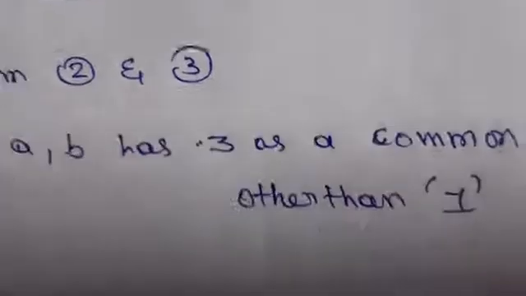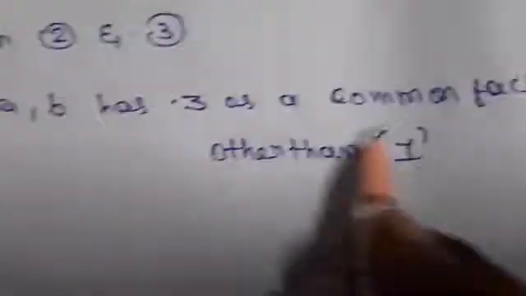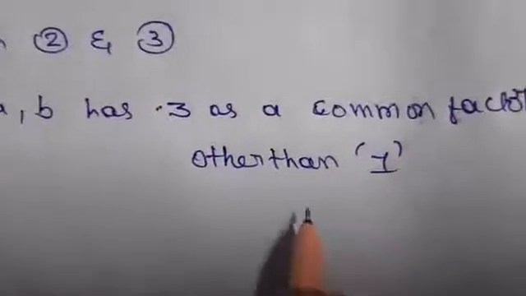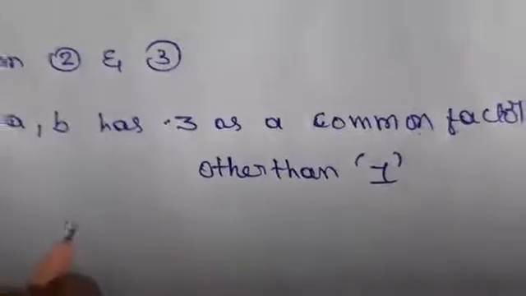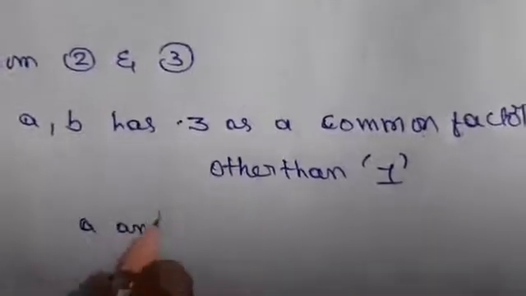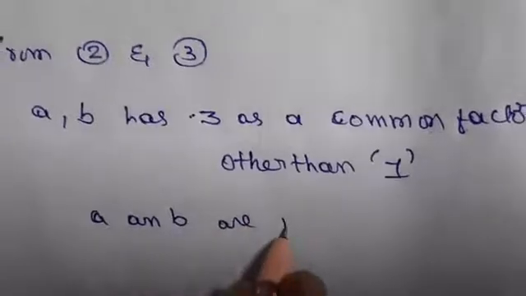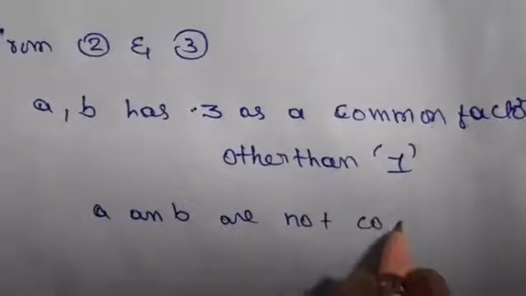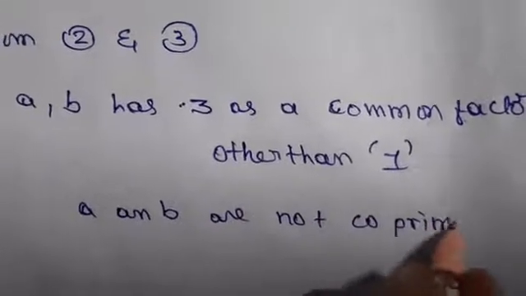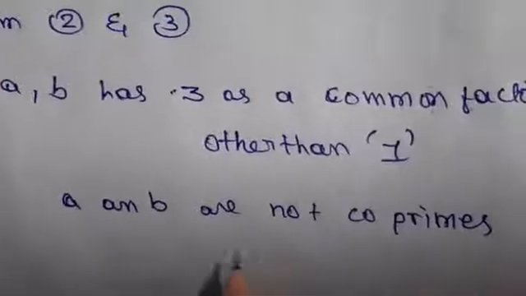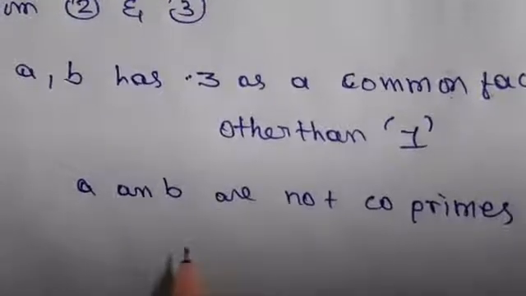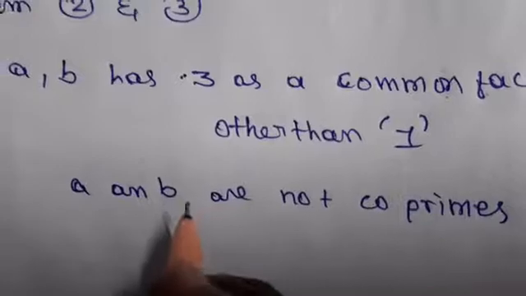That means here 3 is a common factor of a and b. So which means a and b are not coprimes. Why? Because here a and b have another common factor which is 3.